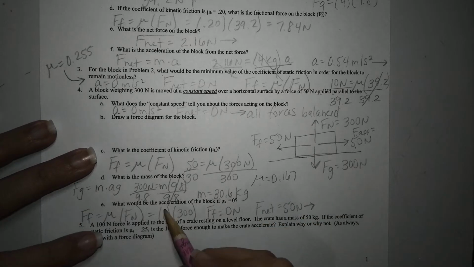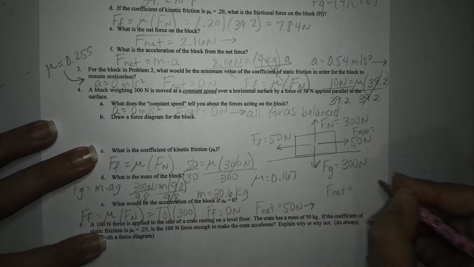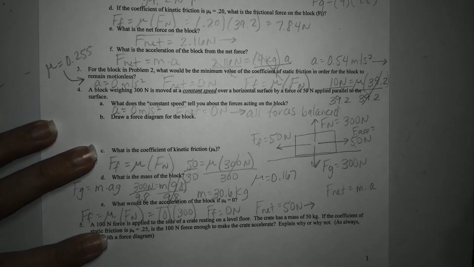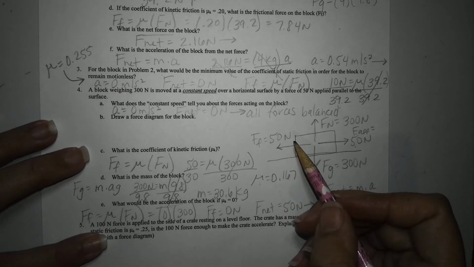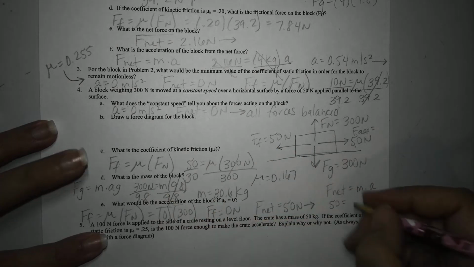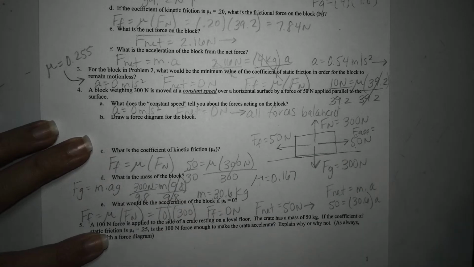And now I can solve for acceleration because I know that F net equals mass times acceleration. So my net force is 50. My mass, which I found here in part D, is still 30.6 times my acceleration. How do I solve for acceleration?